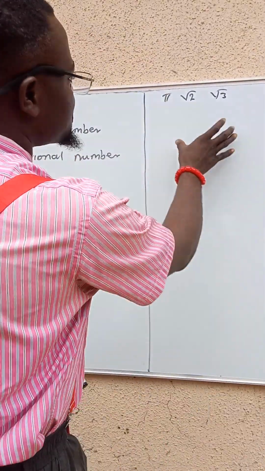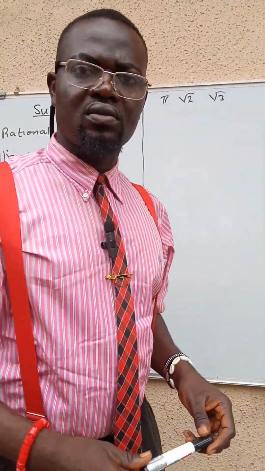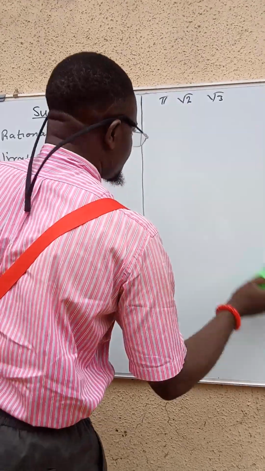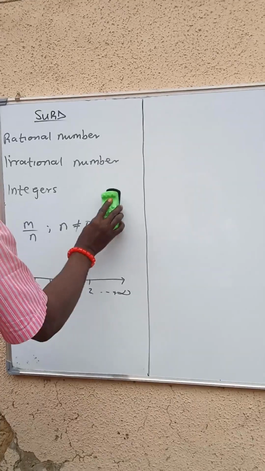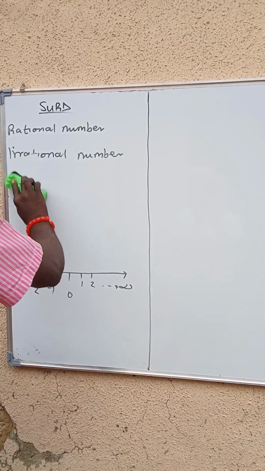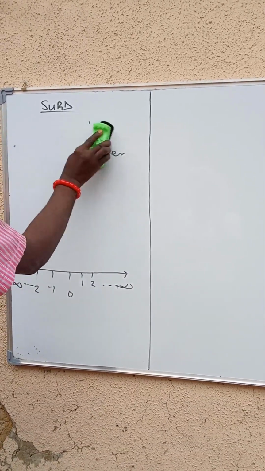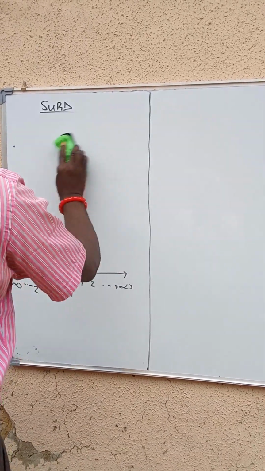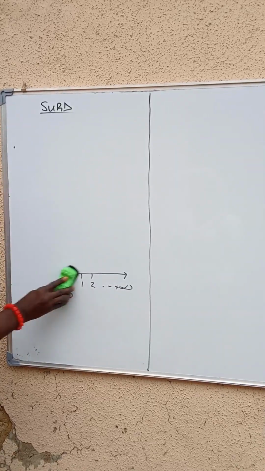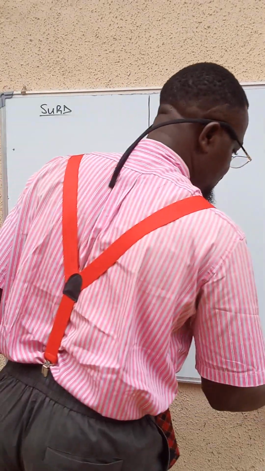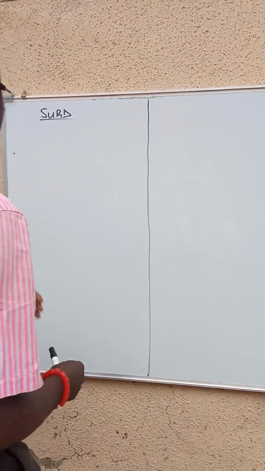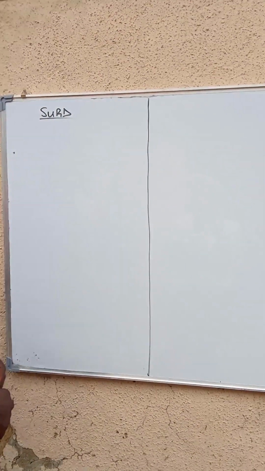So these are what? Surd. Good. Now, surd is very important. Surd is what? Very, very what? Important. So we have rational numbers, and when we have irrational numbers in the form of root, we say they are what? Surd. Good. Now, we have done that.